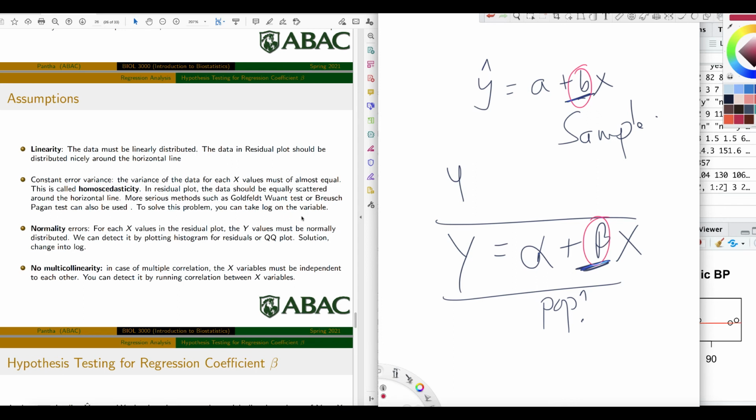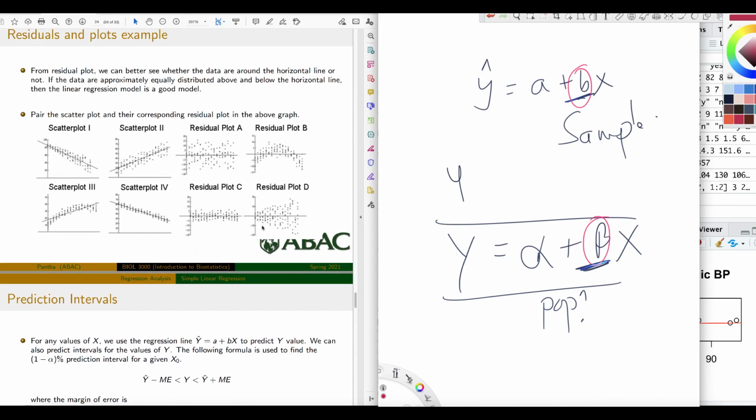So what does that mean? In the residual plots, the error must be equally distributed, or the spread of the error must be the same everywhere along the horizontal line. That is the same variance of the residuals. Look at this: here, same variance in the error plot everywhere. This one is not linear, no need to talk about that.